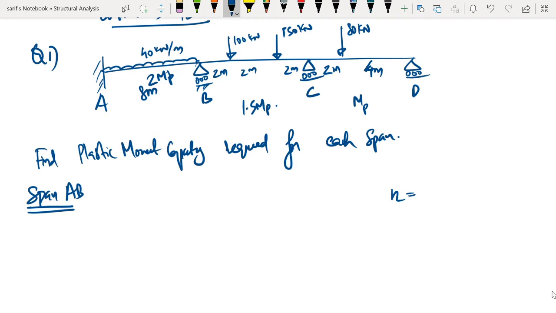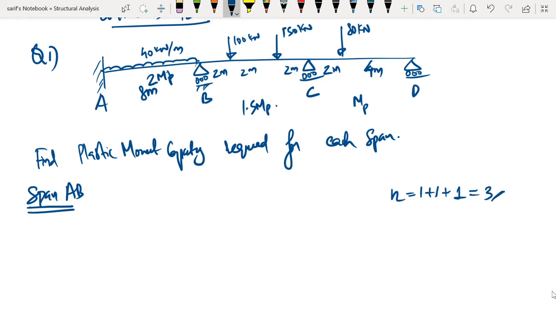One fixed support is there, so that is a possible plastic hinge. Interior support is also a possible plastic hinge, and there will be a point in the middle of the span where the bending moment will be maximum. So in total there are three possible positions of plastic hinges.